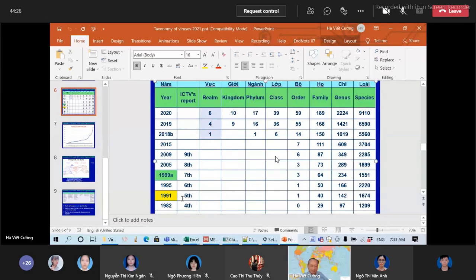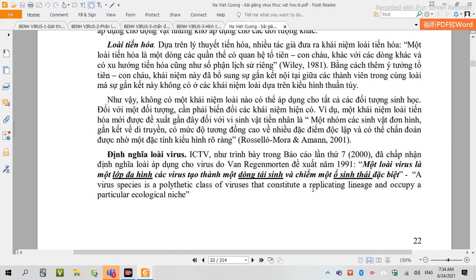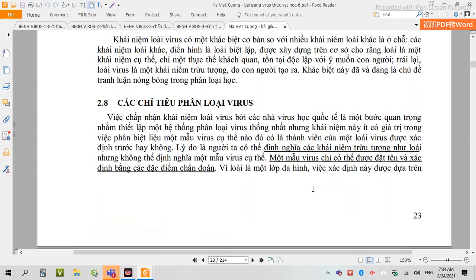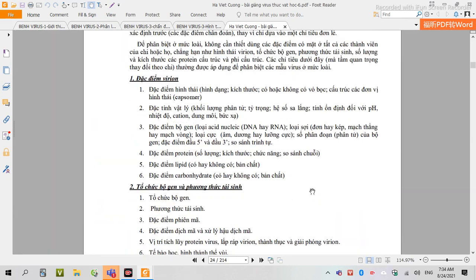If you don't agree, and you say viruses are simply chemical particles, then we don't need to put taxonomy on this.